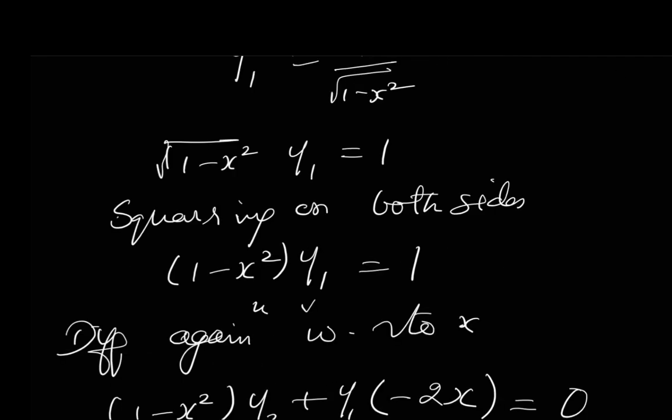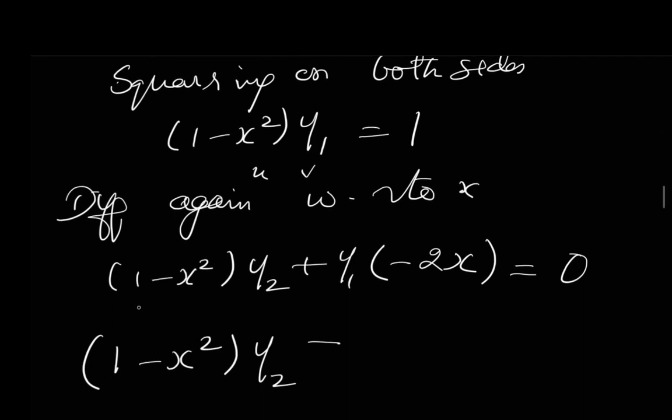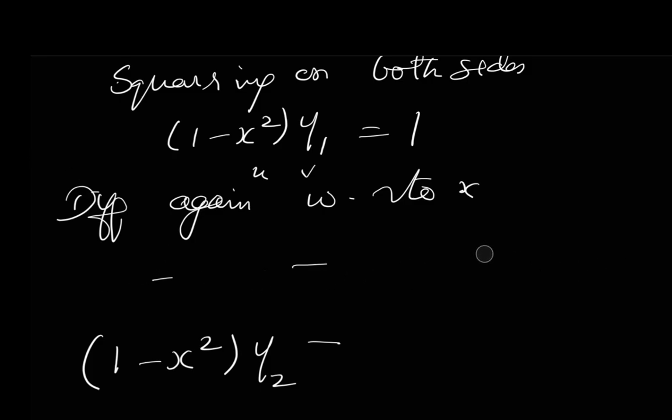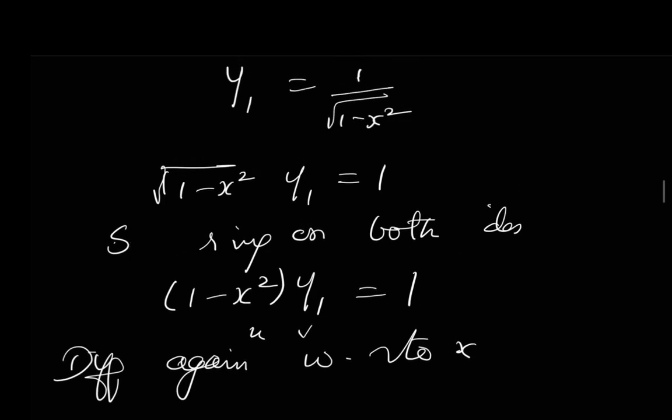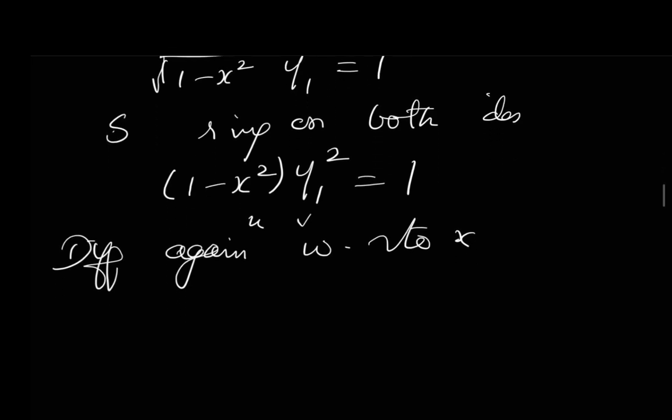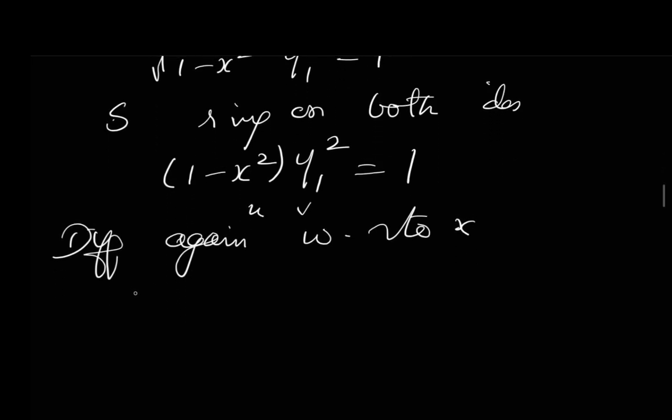Small mistake I have done here. See, this one is actually squaring on both sides. So root of 1 minus x squared, y1 you will get y1 squared. Y1 squared. So now you differentiate again with respect to x.